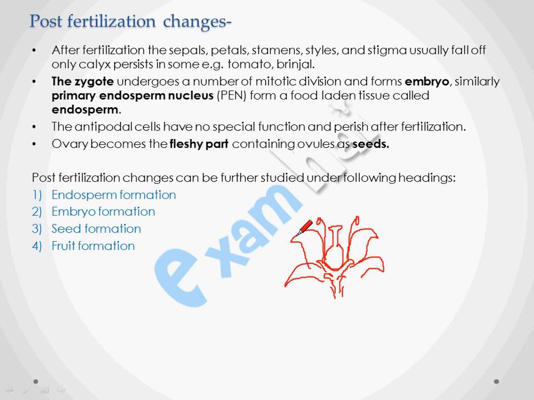So petals will fall off, sepals will fall off, stamens will fall off, and the stigma and style, this whole portion will fall off. Only the ovary will remain. In some plants like tomato and brinjal, you have seen that the calyx also persists.